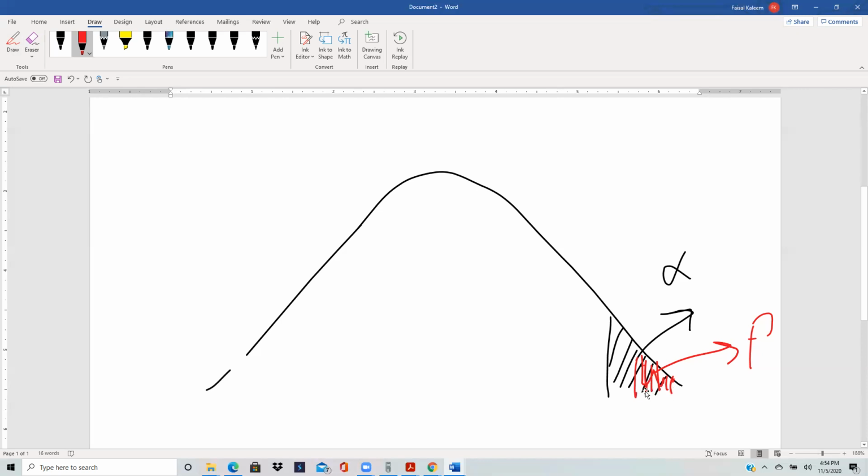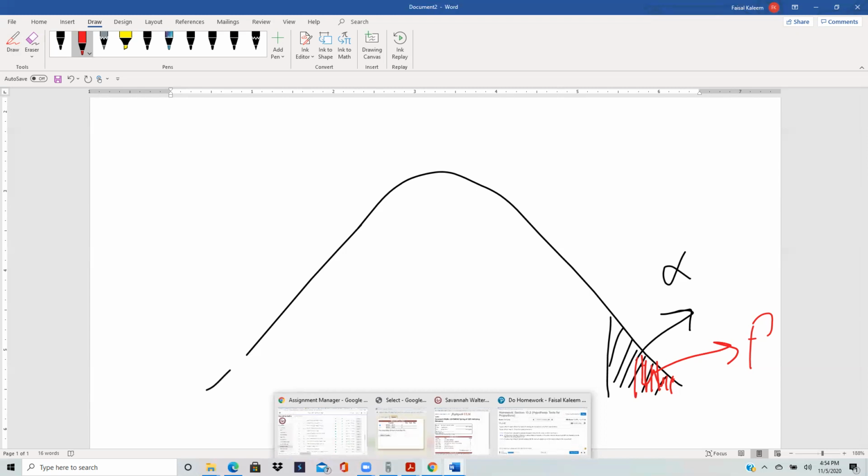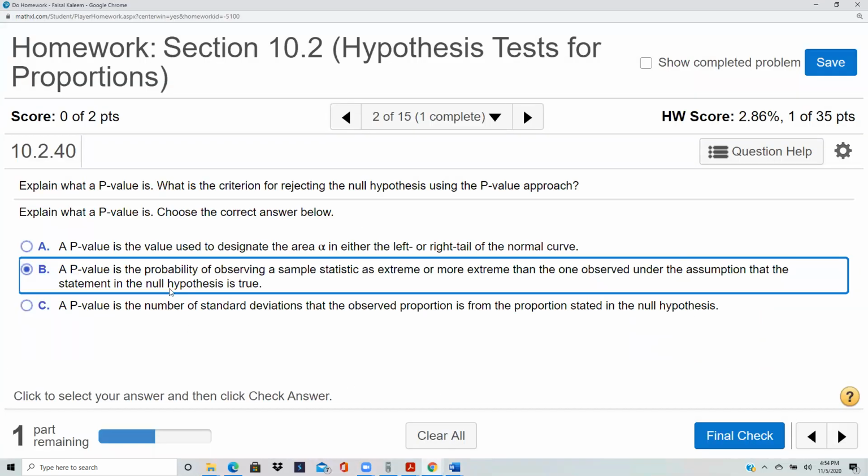So as you go further out towards into the P area, you get more and more extreme values, because as you go towards the tail, you get towards the extreme values. So that's what they were saying over there, that P is the probability of observing a sample statistic as extreme or more extreme than the one observed under the assumption that the statement in the null hypothesis is true.